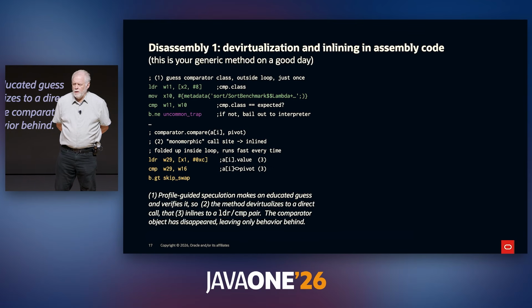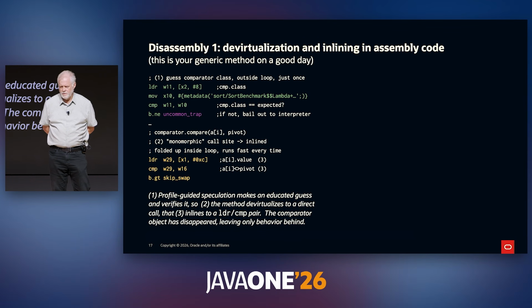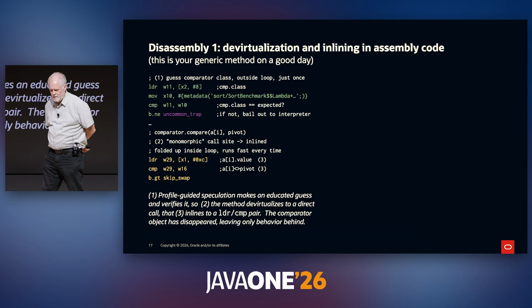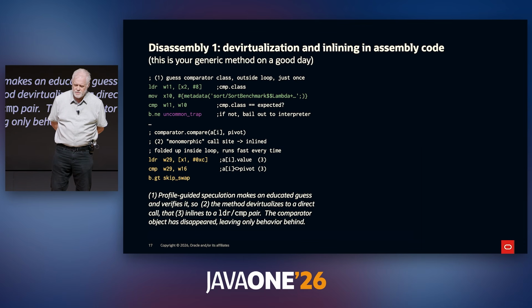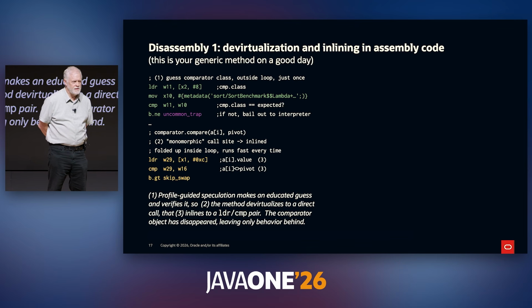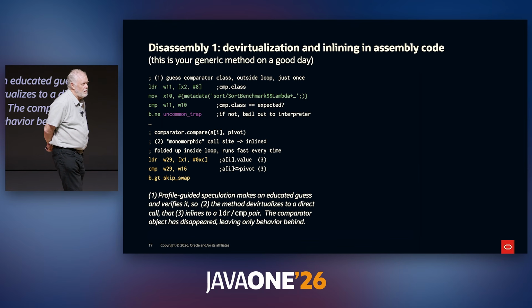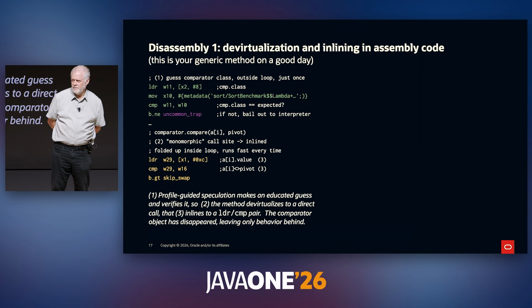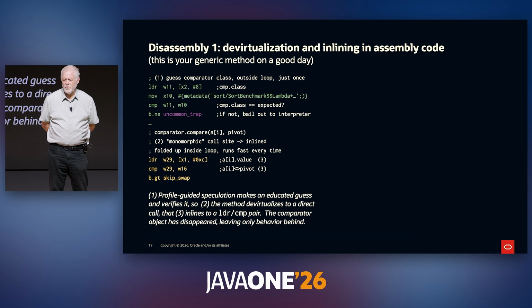Here's the code, after you boil down the soup to whatever remains afterwards. In our case, it's machine code. This is what the machine code looks like. The green stuff is the checking of your speculative preconceptions. You want to say, is this still the kind of workload I've been optimized for? And it's very fast to check.